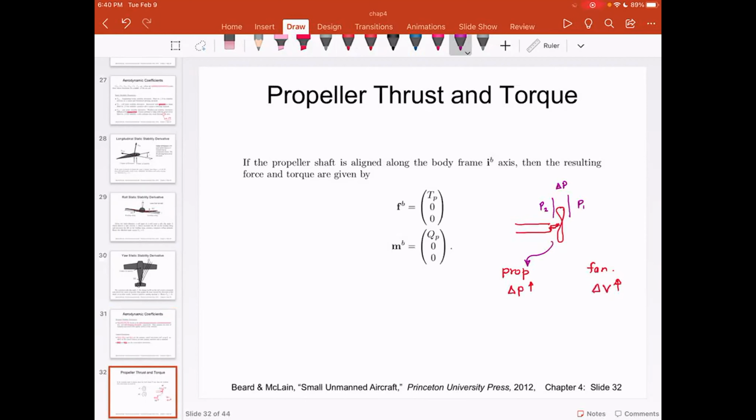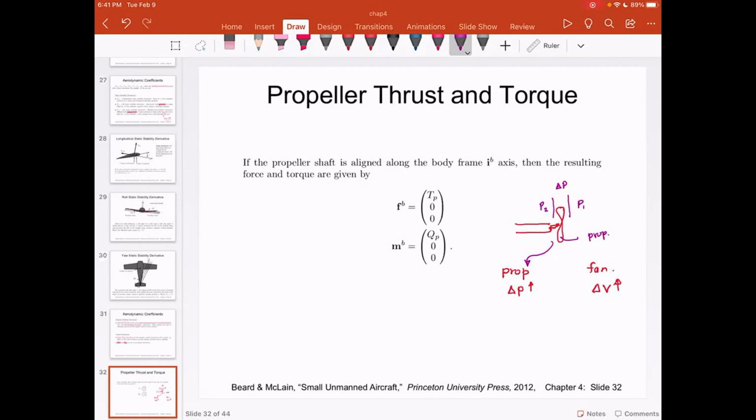And if you look at the way the blades are designed, the prop is designed differently compared to the fan. So a fan blade and a prop blade, you will see the angles are different, the orientations are different, the curvature is different, because these two have two different functionalities.